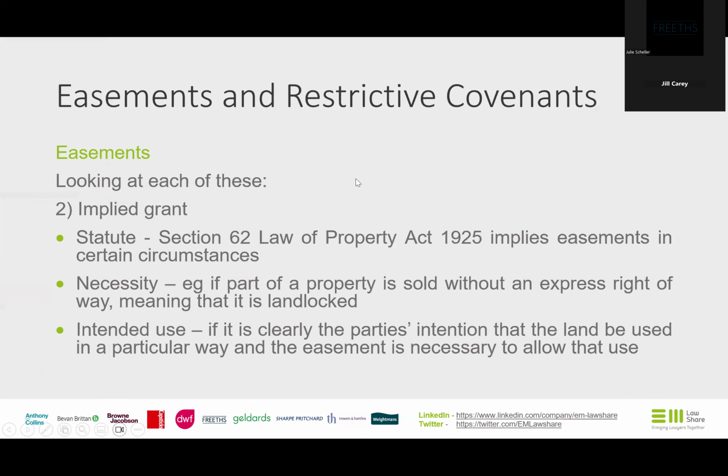The next one would be an implied grant. So Section 62 of the LPA implies easements. What that statute does, it automatically adds into any conveyancing, even if it's not in paper on the page, that the sale will take effect with the benefit of existing easements and rights.